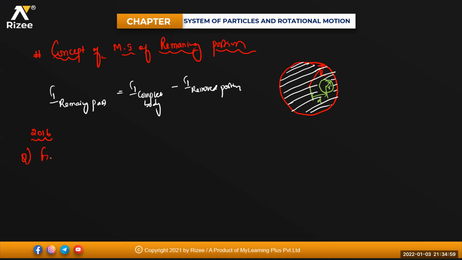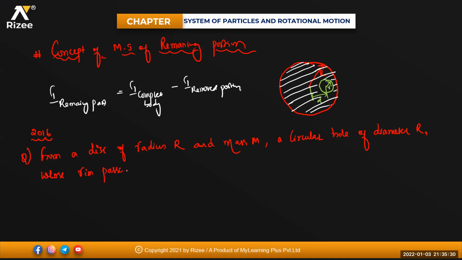The question is: from a disk of radius capital R and mass capital M, a circular hole of diameter capital R, whose rim passes through the center, is cut.